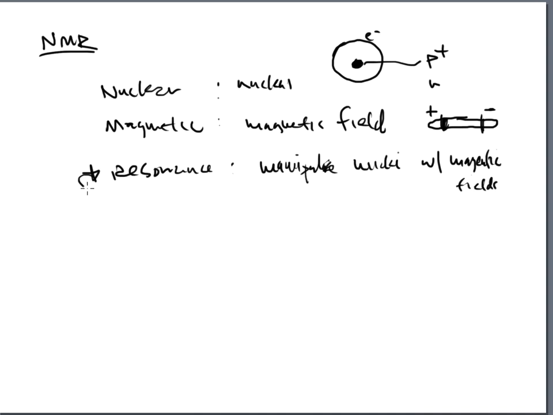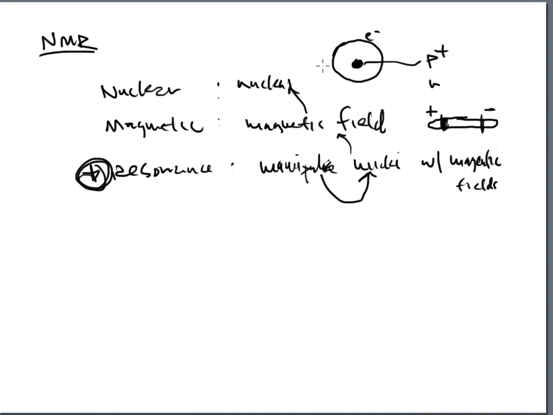We are going to induce resonance onto these molecules, which means we're going to manipulate the nuclei of the molecules, or the atoms inside the molecule. And we're going to do that using a magnetic field. That magnetic field is going to be targeting the nucleus in order for us to do what we need to do with it.